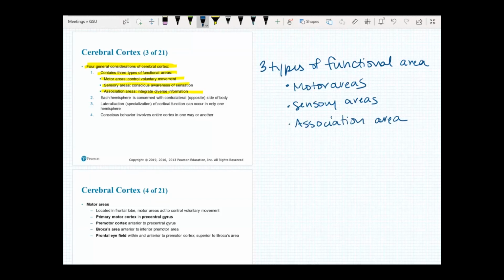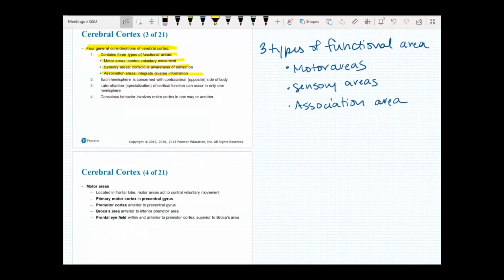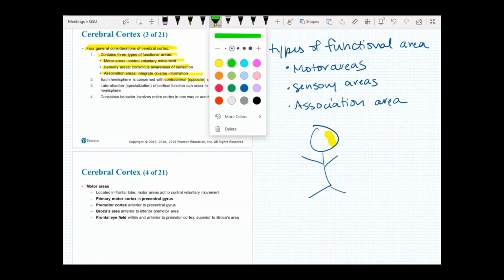Another generalization, and we know it's a generalization because there are certain things that activate more, activate less. You're not just motor and sensory, so science is still looking at this. The second one is that each hemisphere is concerned with the contralateral, or the opposite, side of the body. So if this is my lovely little human right here, there are 2 sides of his brain, his left side and his right side.